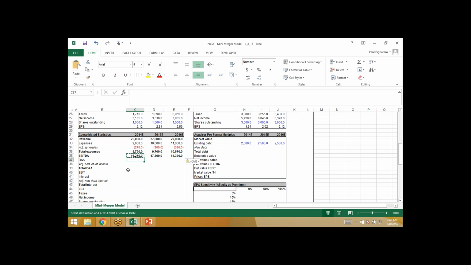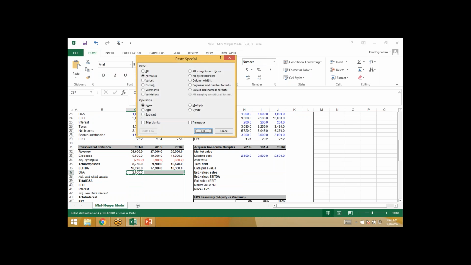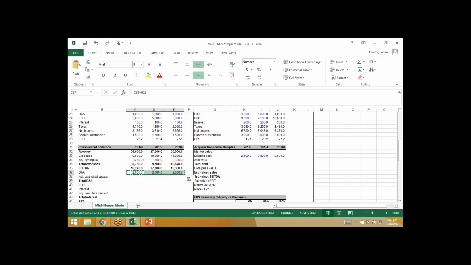Depreciation, acquire plus target depreciation. We're getting the property, we're getting the depreciation that comes with it. We'll talk about that in detail. That is just expenses plus synergies.